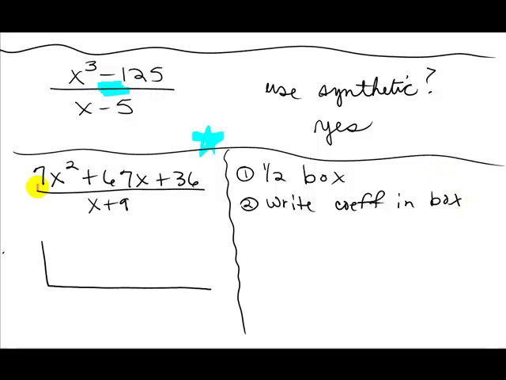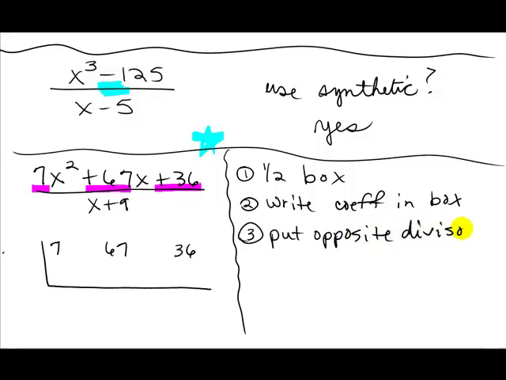And so we're looking at this number, and this number. So we're going to have 7, 67, 36. Step 3 is we're going to put the opposite divisor constant on the outside.